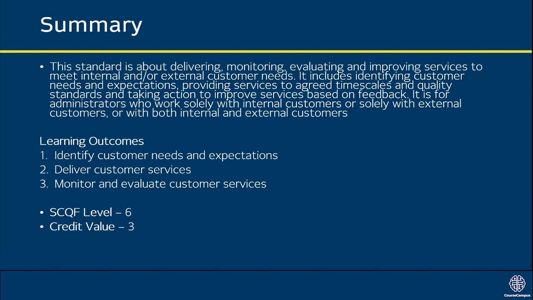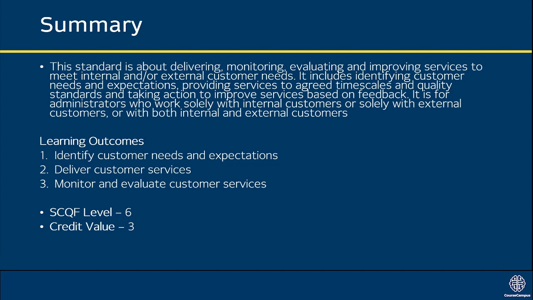So let's look at the learning outcomes for this unit. There are three. So the first is that you can identify customer needs and expectations. When you're providing customer service, that is the first step, and that is what the first outcome is about. So firstly, you need to identify what customers want and what they expect, and from that you can then, we'll look at outcome 2, deliver those customer services. But delivering customer services isn't the end of the process.